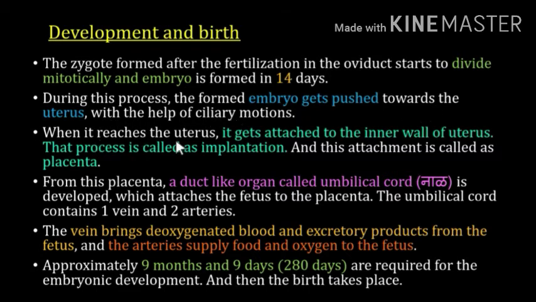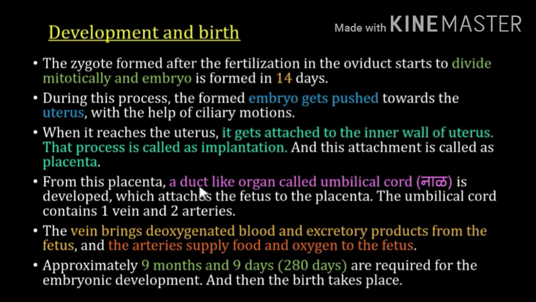When the embryo reaches the uterus, it gets attached to the inner wall of the uterus, and this attachment of the embryo to the wall of the uterus is called implantation, and this attachment is called the placenta.